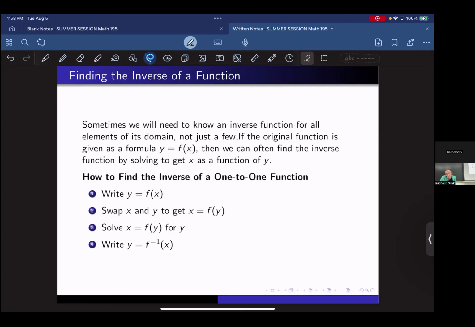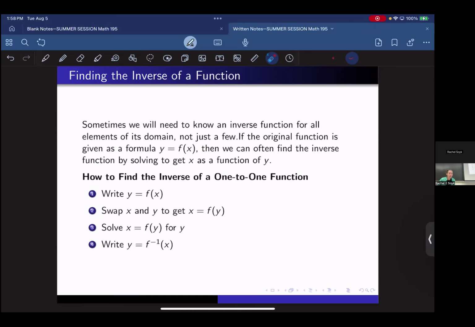And then we have a note here saying, sometimes you'll need to know an inverse function for all elements of the domain, not just a few. If the original function y equals f of x, that's just our general formula, then we can often find the inverse by solving to get x as a function of y.